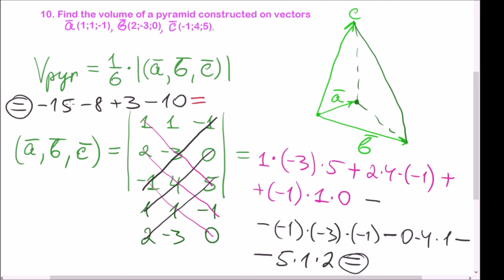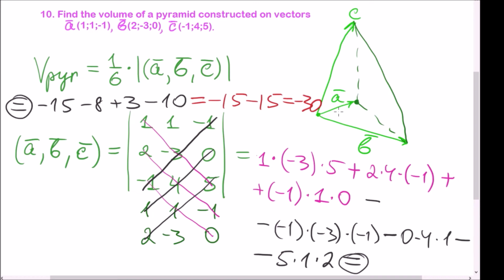So we'll have minus 15, minus 7 and minus 8, which gives minus 30. Look, our triple scalar product is a negative number.